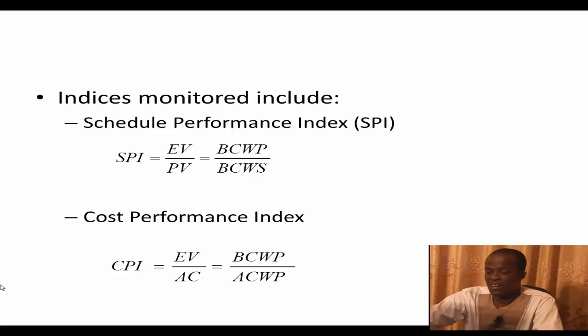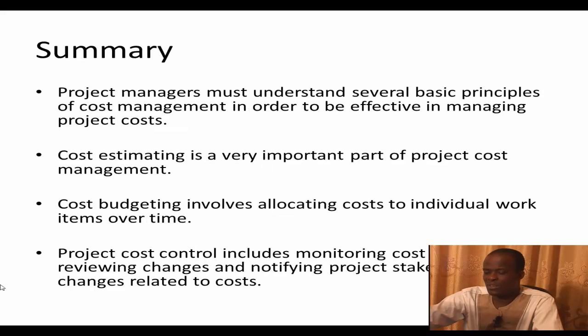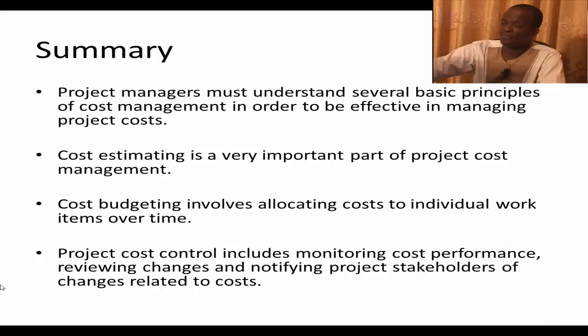Everything is going according to plan. It doesn't really tell you the extent to which it is according to plan, but at least it gives you an indication that you are within budget. When the CPI is less than 1, it tells you that you are overspending, or there's a cost overrun.